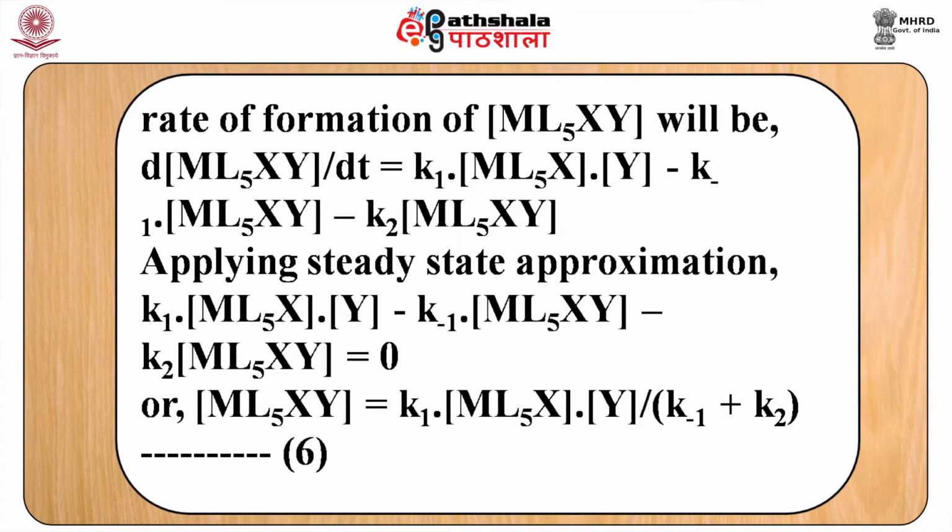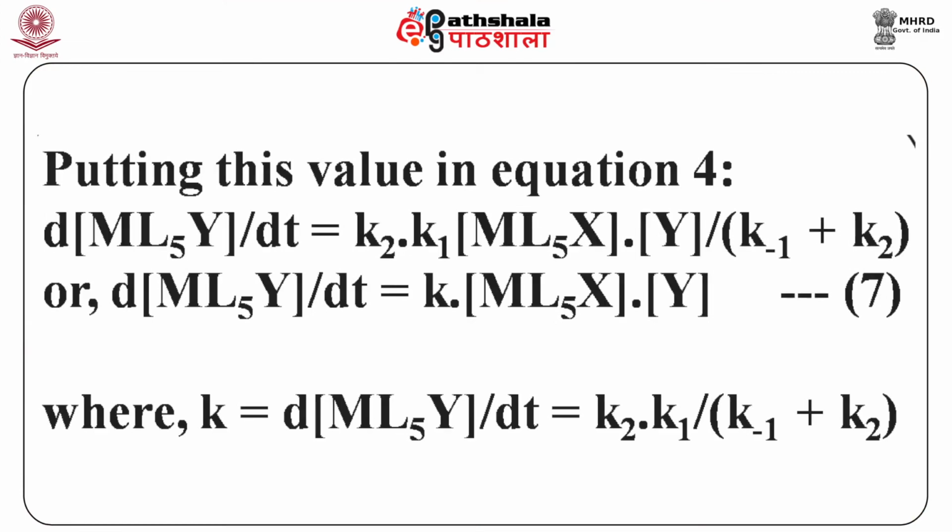So, from here we obtained the concentration of ML5XY, which was the intermediate for the reaction, and now we can put this concentration in equation 5 to get the rate of reaction.